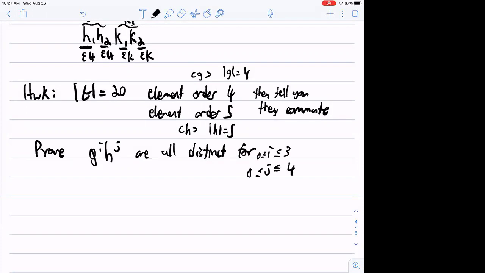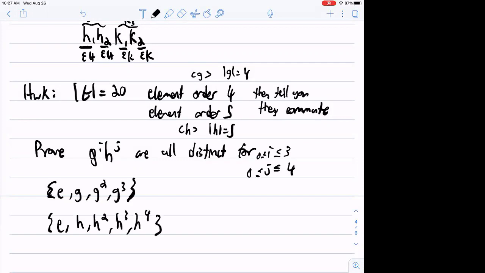Because the order is 4, you have E, G, G squared, G cubed. That's your set, it's order 4. And then you have H, H squared, H cubed, H to the 4th.